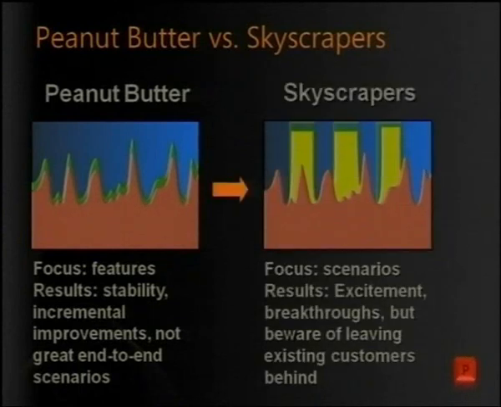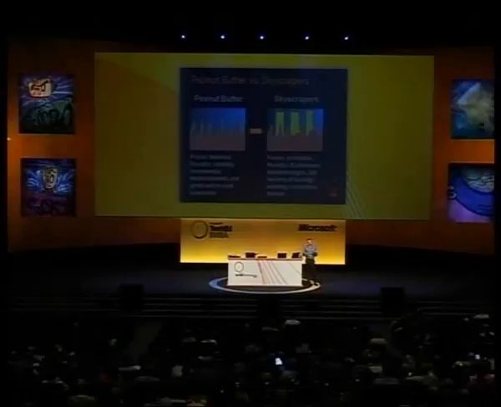The other way that we often approach planning is what I call the skyscrapers. And that's more of a top-down planning process, where first we select main themes or scenarios that we will be working on in the next release. To give you an example, in Visual Studio 2007, we said we're going to improve how developers and graphical designers interact on development projects.